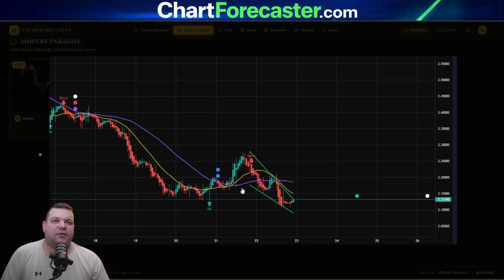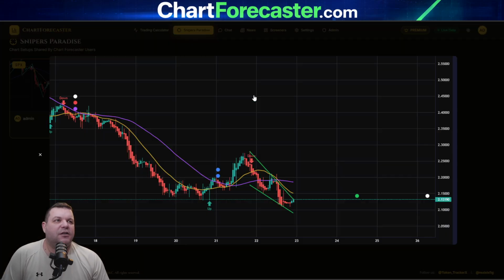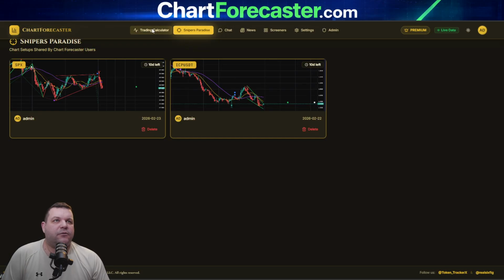Or here's another example of the ICP chart, a crypto chart, and it detected a falling wedge. Oh, maybe there's an opportunity to go long there. It's not a very big falling wedge, so I don't know what the upward trend will look like. It might not be that powerful.